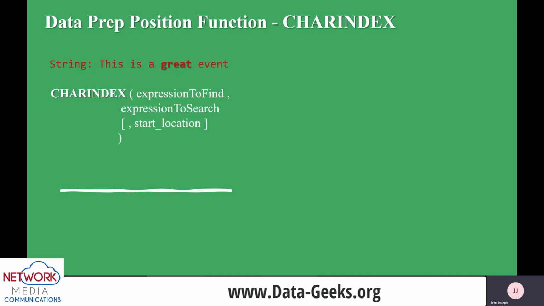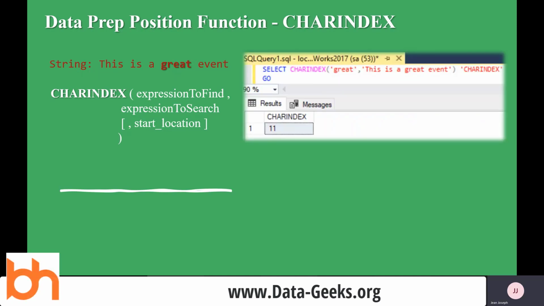That's the beauty of CHARINDEX. You put the expression to find, the expression to search, and then there is a start location. All I'm doing here is CHARINDEX, where the expression to find is "great" and the expression to search is "this is a great event," and then I can see it's 11.